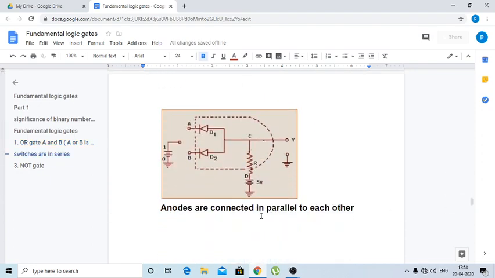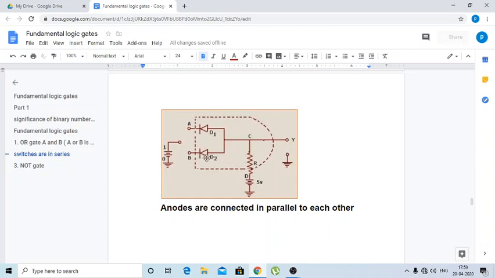Here we have the circuit diagram of AND gate. Here we have two diodes D1 and D2. Here the anodes, plates of the two diodes, are connected parallel to each other. Whereas in OR gate, cathodes are connected in parallel to each other.